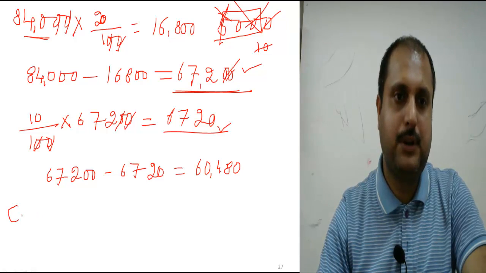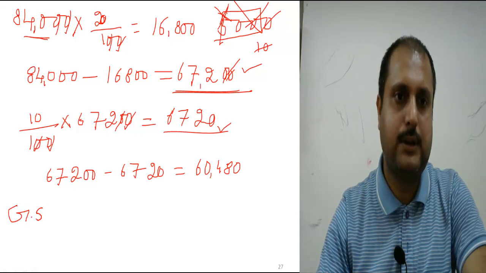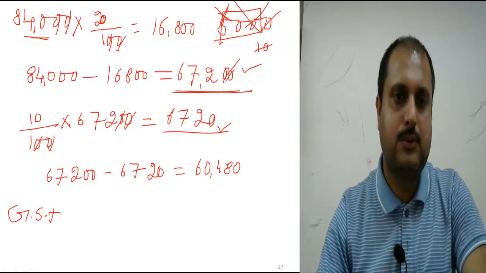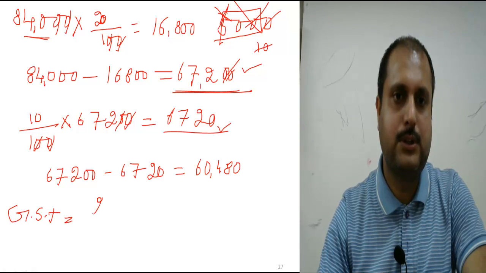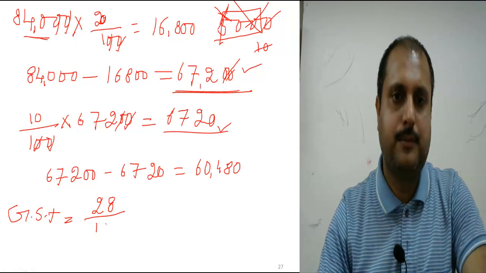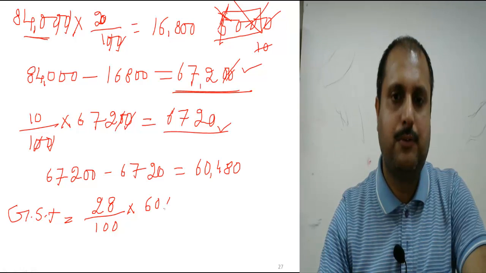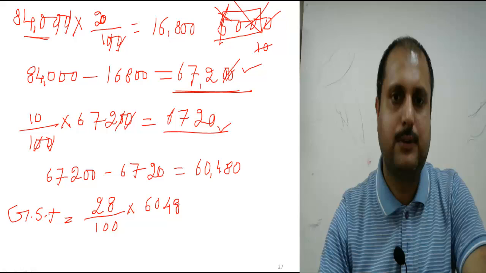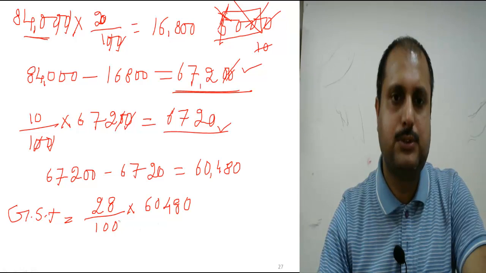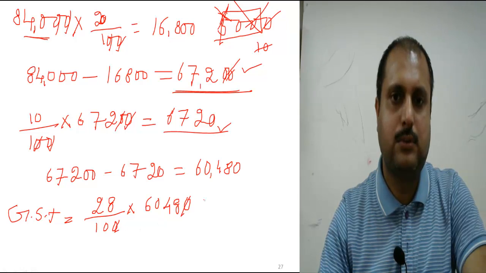Now the GST will come. The GST is 28%. So the 28% is the GST that you must pay, multiplied by 60,480. So the 0 is cancelled out.